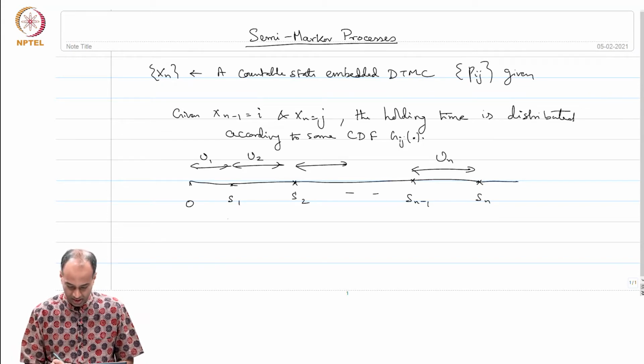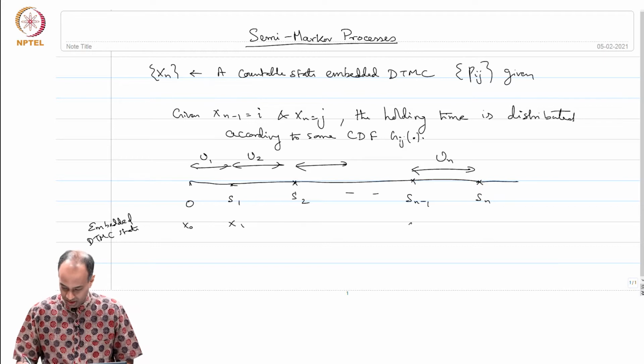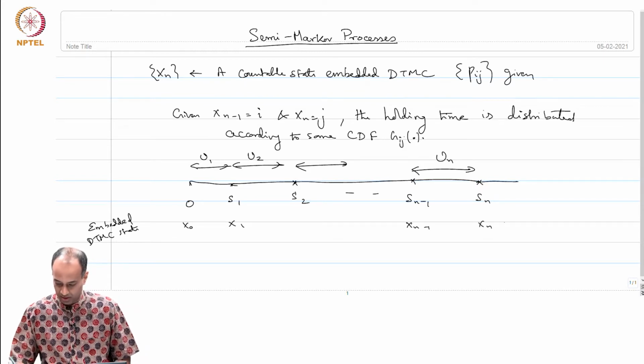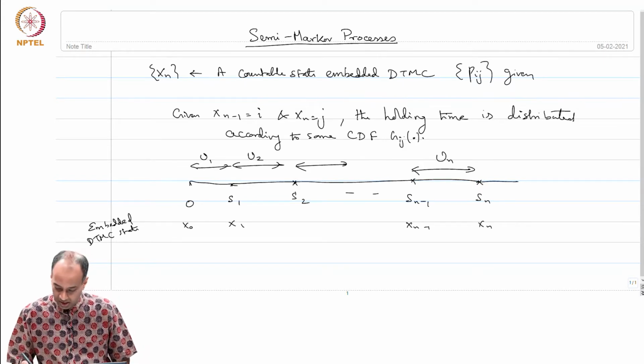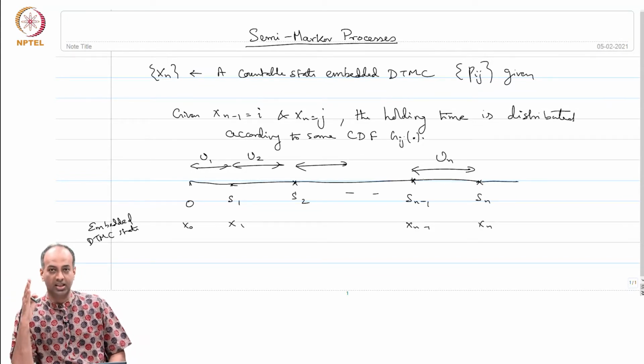And of course the state transitions here will be the embedded DTMC states X0, X1, Xn minus 1, Xn. Okay. So the Sn are the epochs. Sn is the epoch where the nth transition takes place, and Xn is the state of the embedded DTMC at the nth transition. Okay.